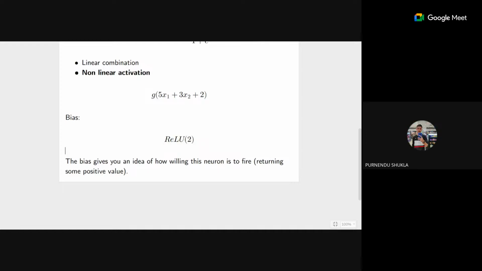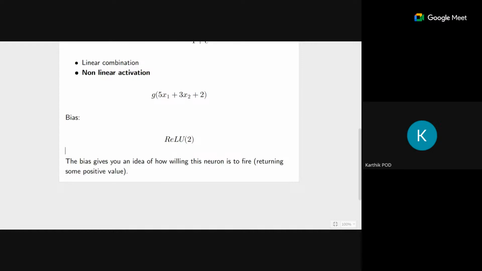Bias can never be 0? Sorry? No, bias can be 0. Bias is a learnable parameter, so bias can be 0. It depends on your data and the network architecture. Some bias terms may end up being 0. If bias is 0, it means the neuron is not inclined to fire until you give it some positive input.